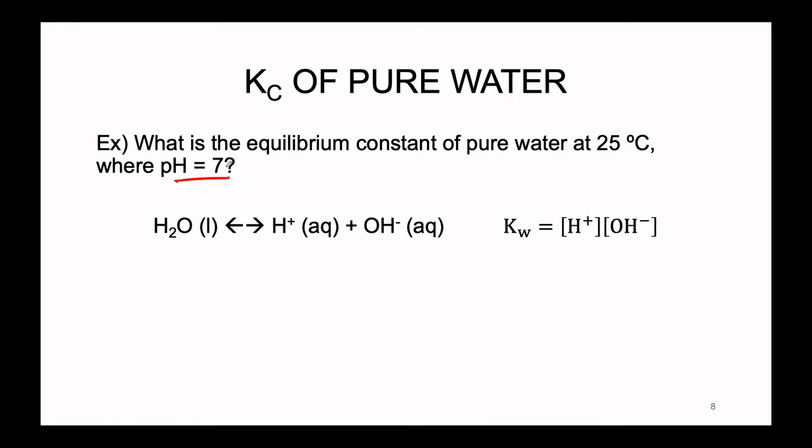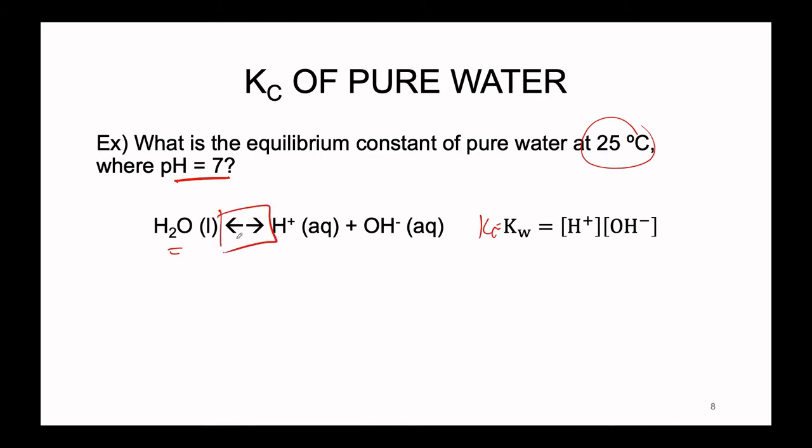So the equilibrium constant of pure water at 25 degrees Celsius, or room temperature, is something that we are able to find just from knowing that our pH is equal to 7. Since this is a reversible reaction, the simplified version I have here, just the form that's looking at the decomposition of our water into H plus and OH minus, we can write an equilibrium constant, a Kc, representing this decomposition since it is reversible.